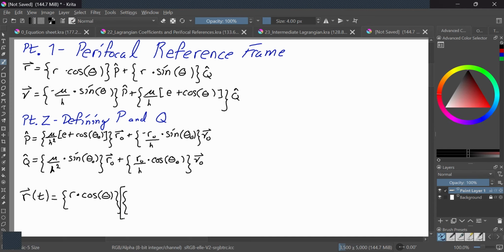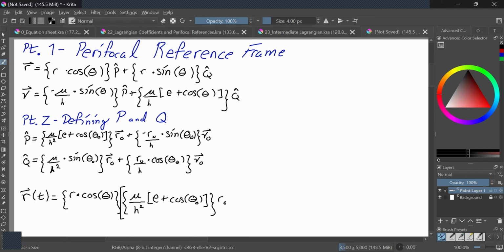One more bracket. And that's going to be mu divided by h squared minus e plus the cosine of theta naught, because p is defined at the initial point.